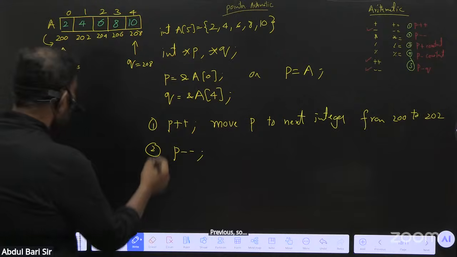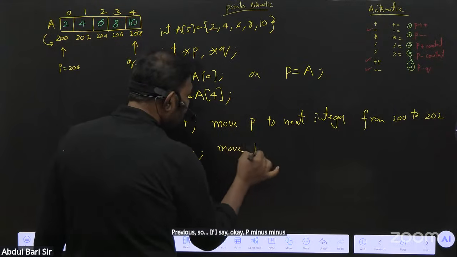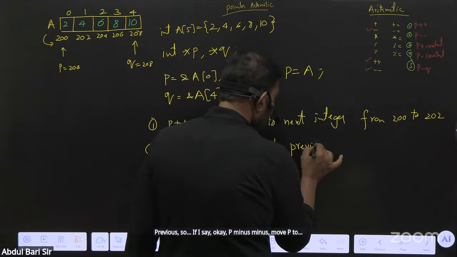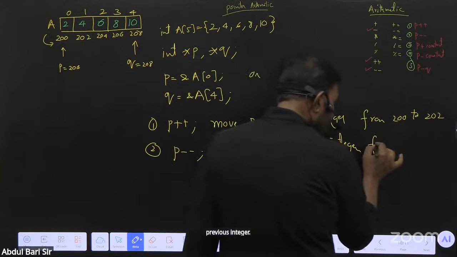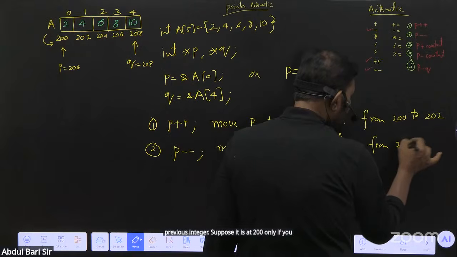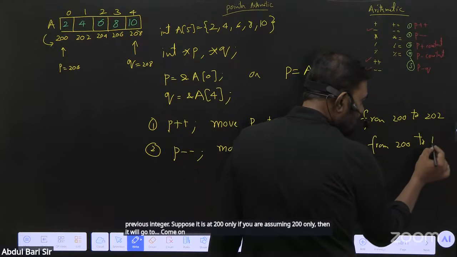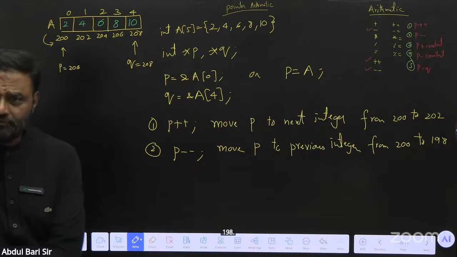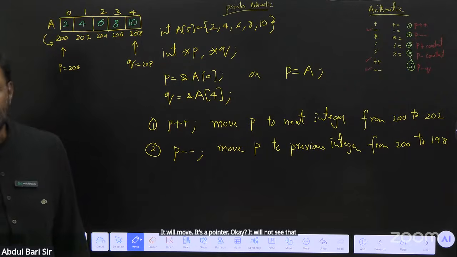So p minus minus moves p to the previous integer. Suppose it is at 200 only, then it will go to 198. It will move. It's a pointer. It will not check whether it is allocated or not allocated.